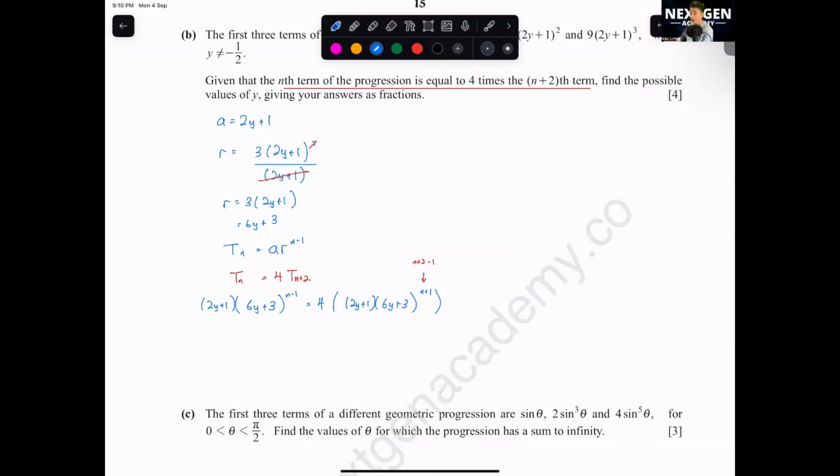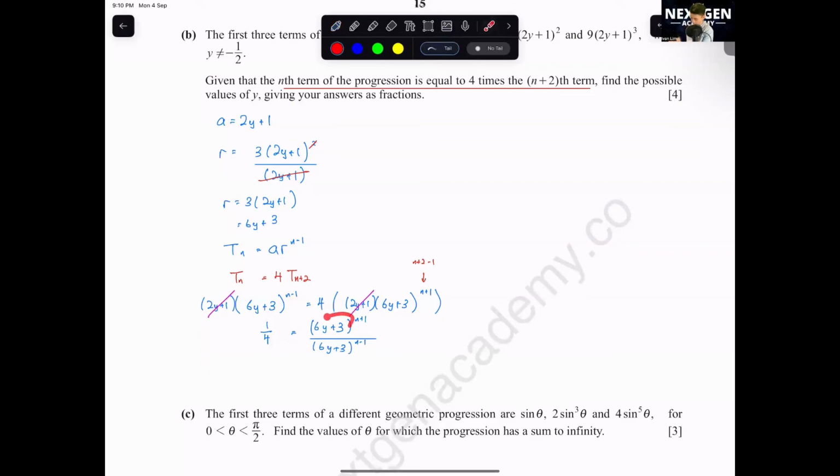Okay, let's see how can we simplify it? Both sides got 2y plus 1, so I'm going to cancel it. Then here, this and this, we can divide with each other. So what I'm going to do, the 4, I'm going to bring to the left-hand side, so now become 1 over 4 equals to 6y plus 3 to the power of n plus 1 over 6y plus 3 to the power of n minus 1.